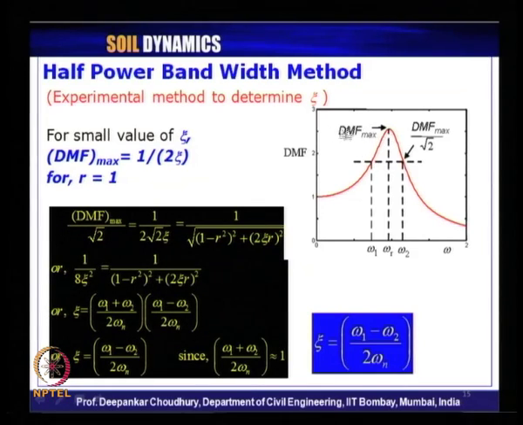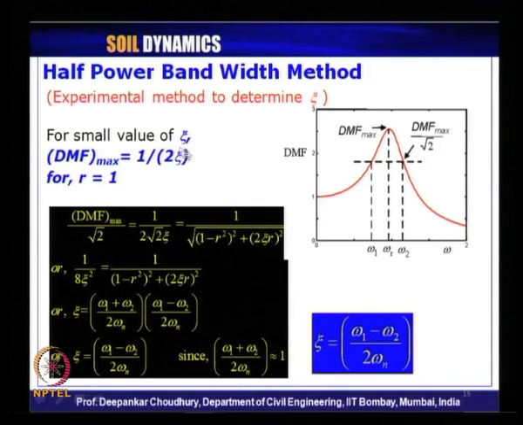We have a maximum DMF here and we can identify one value of DMF which is equal to DMF max divided by root 2. That value will obviously occur at two externally applied frequency values. Let us say one is lambda 1, another lambda 2 in terms of our notations. This is for a very small value of damping ratio.